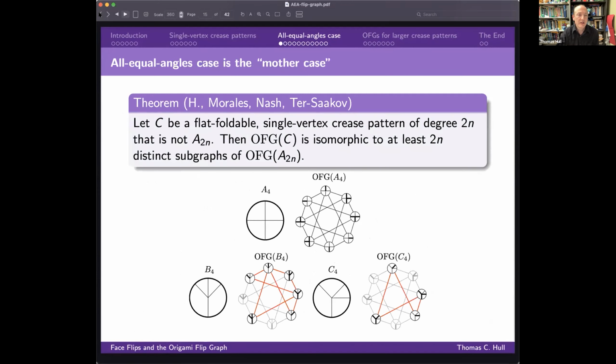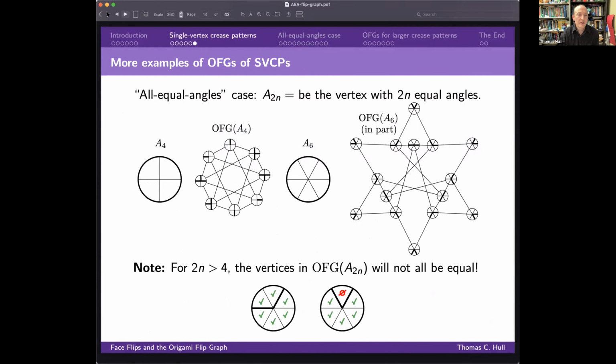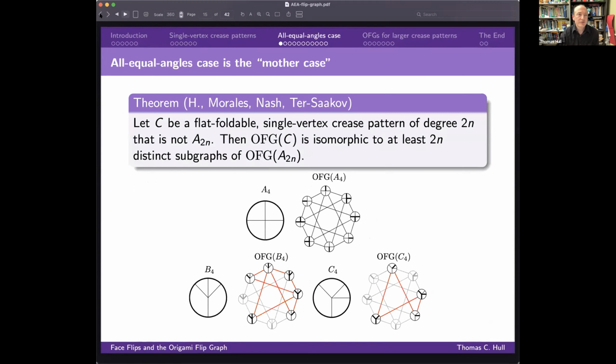That is, for general single vertex crease patterns, when is the origami flip graph connected and when is it disconnected? That's something these students, I guess technically they have a conjecture for it. We have most of a proof, but it isn't quite done yet. And that is very difficult to get a handle on.